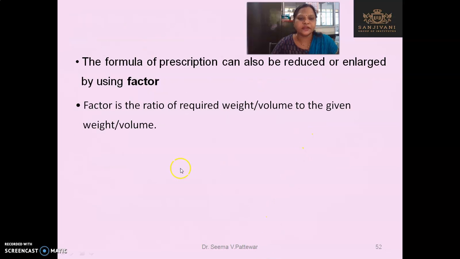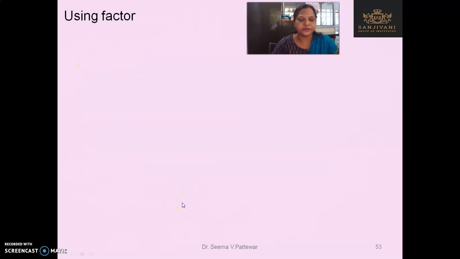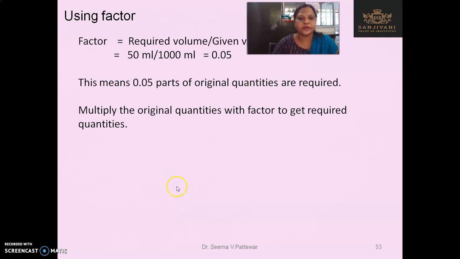The second method given in the manual is the factor method. We have already seen this. Here the required volume divided by the volume given: 50 divided by 1000 is equal to 0.05. This means 0.05 parts of the original quantities are required.